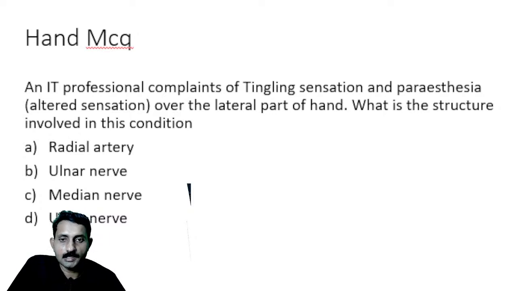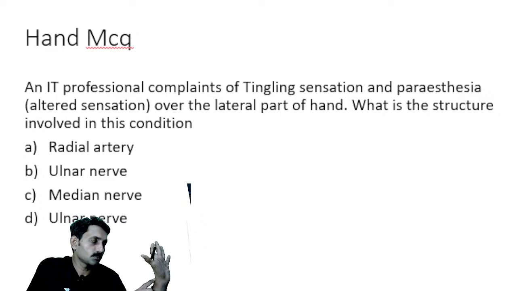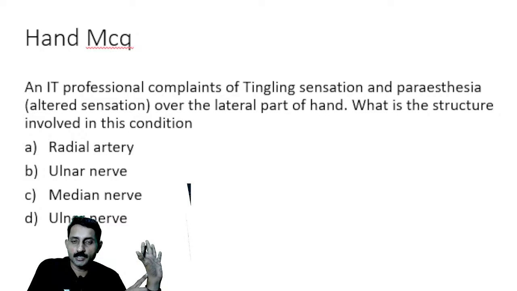The keyword here is the anatomical snuff box. On palpation, there is pain in the anatomical snuff box. What is the structure that will be involved in this condition? Scaphoid fracture, hamate fracture, radius fracture, median nerve injury. It can be anything. So first we should know what the anatomical snuff box is. When you put your hand like this, you will see a tendon here.